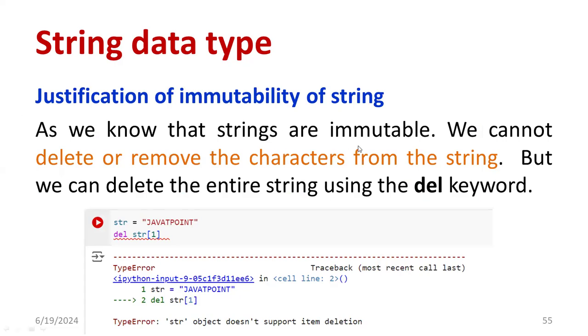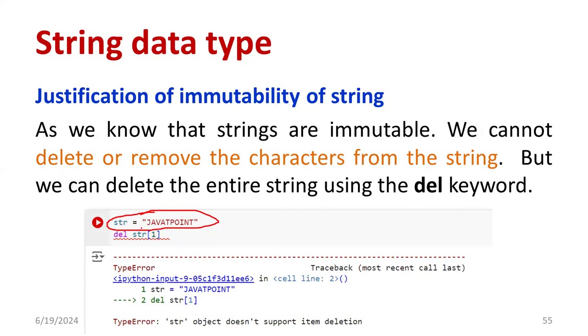As we know that string is immutable, we cannot delete or remove characters from the string. That is very, very important. We can delete the entire string. That is possible by using the del keyword. For example, I want to delete the entire string called Java point. I can directly delete the entire str.